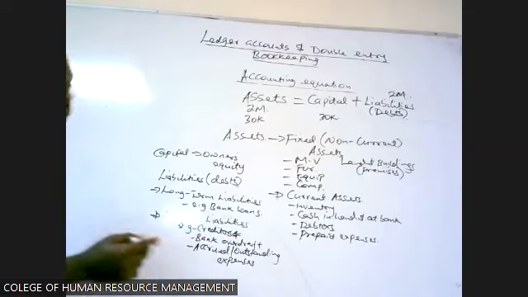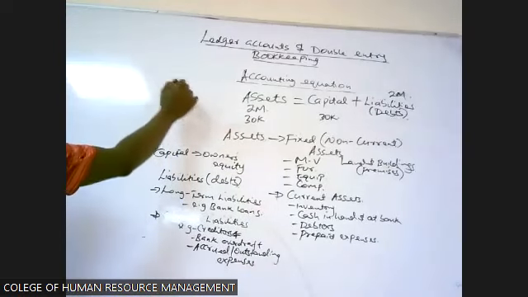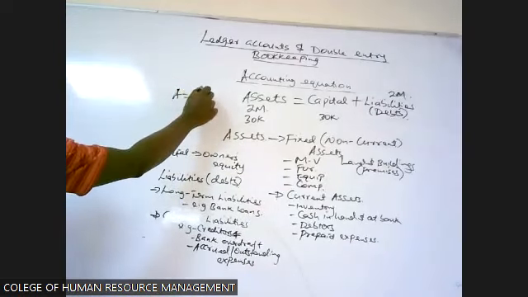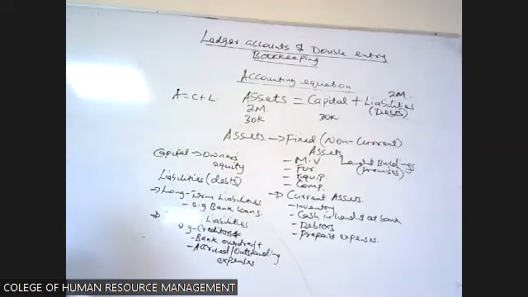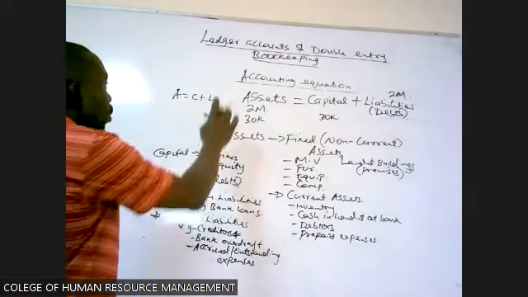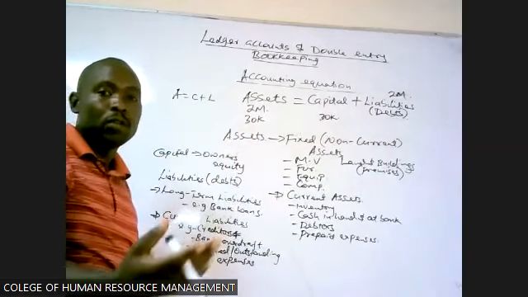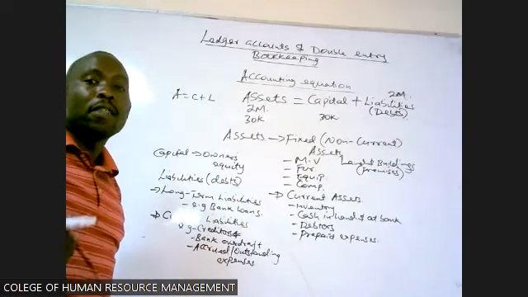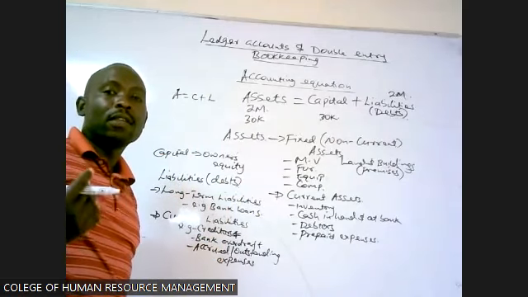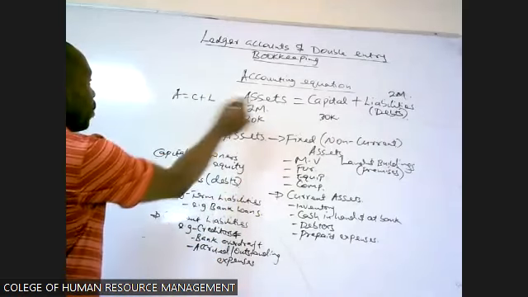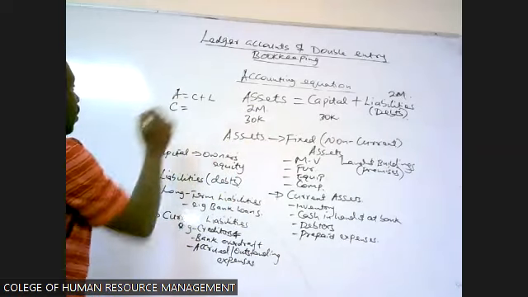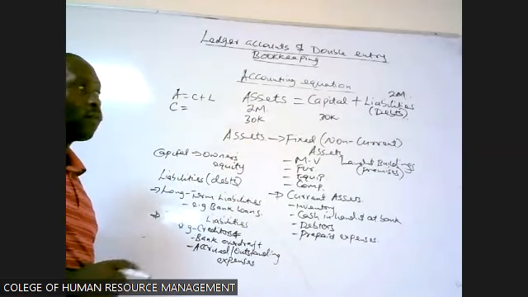But don't forget that when you are given this equation that A is equal to C plus L, that is assets is equal to capital plus liability, we can generate 2 more equations depending on the letters that we want to make the subject of the equation. Maybe at some point, we are interested in determining the amount of capital.